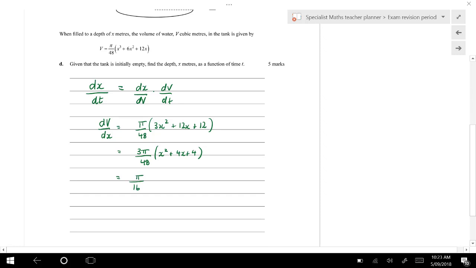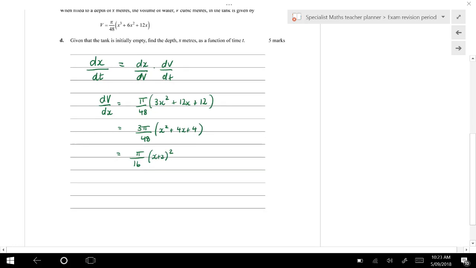And to make our life easier, that's x plus 2 squared. So therefore, we can say that dx dv is the flipped version of that, which is 16 over pi, x plus 2 squared.